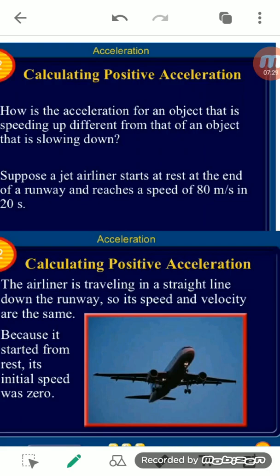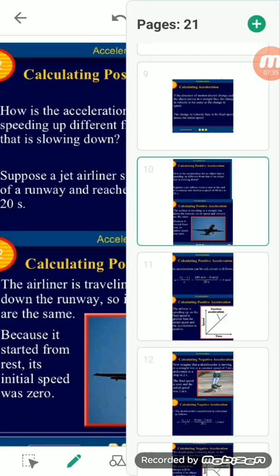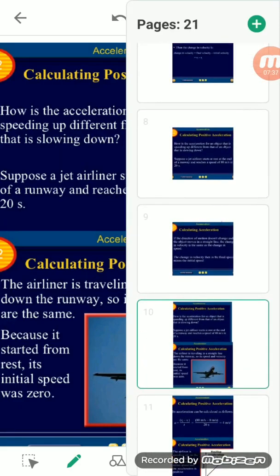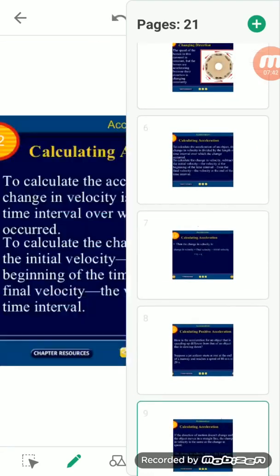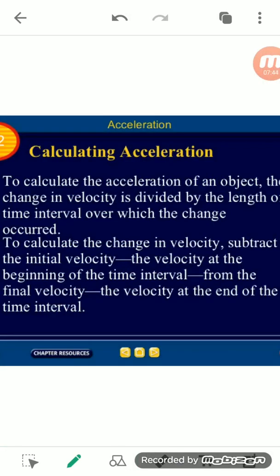Now we will see positive acceleration and negative acceleration. Before that, we should go back to the previous topic: how can we calculate the acceleration? To calculate the change in velocity, we subtract the initial velocity, the velocity at the beginning of the time interval, from the final velocity, the velocity at the end of the time interval.